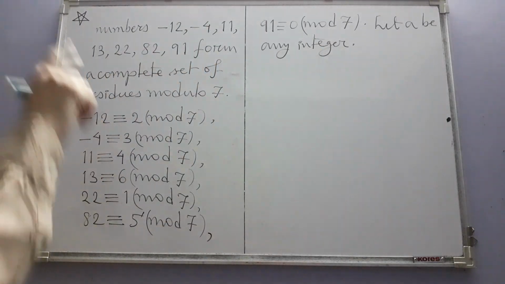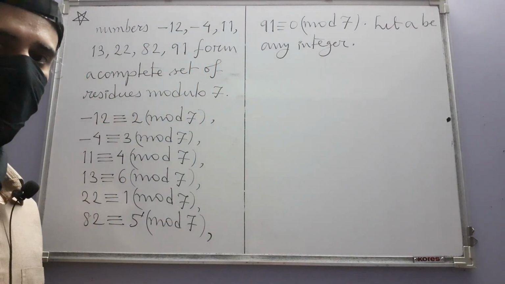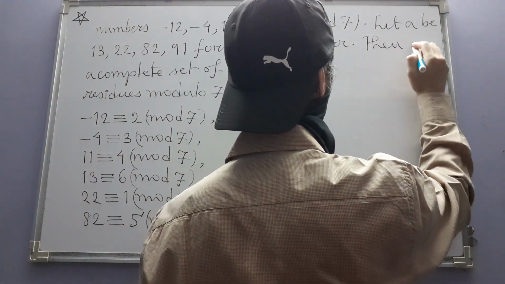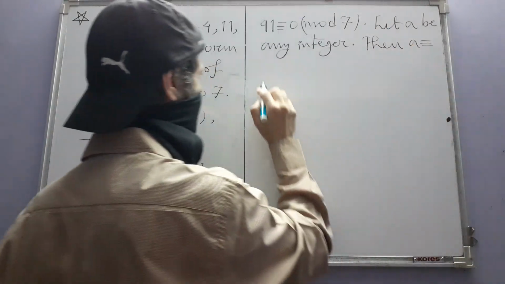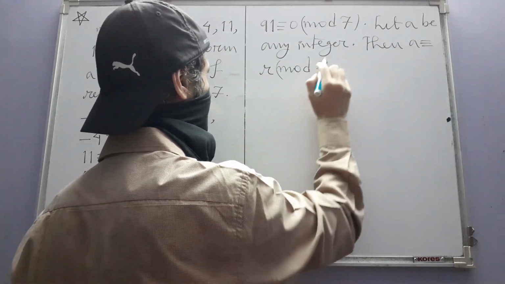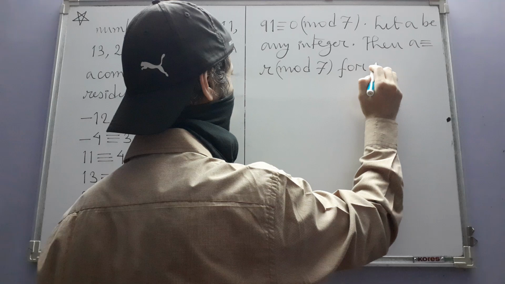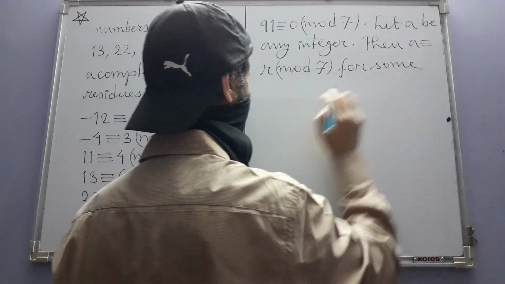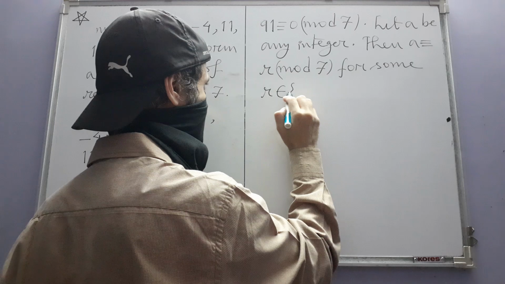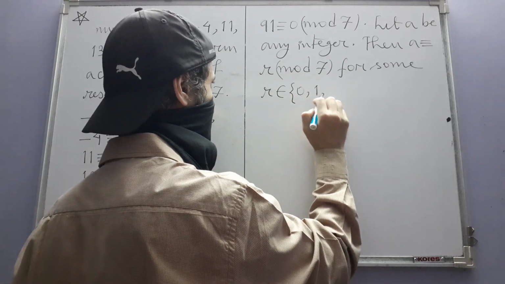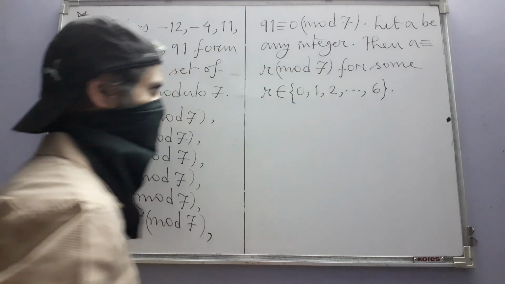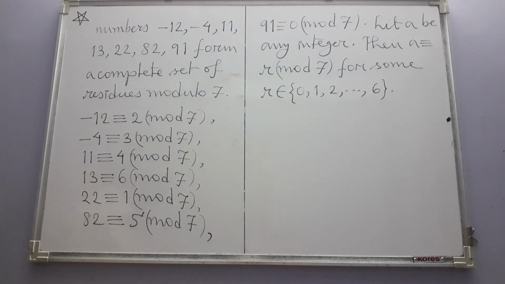Now from our previous discussion, we know that a is congruent to r mod 7 for some r in this set. This we get from the division algorithm.